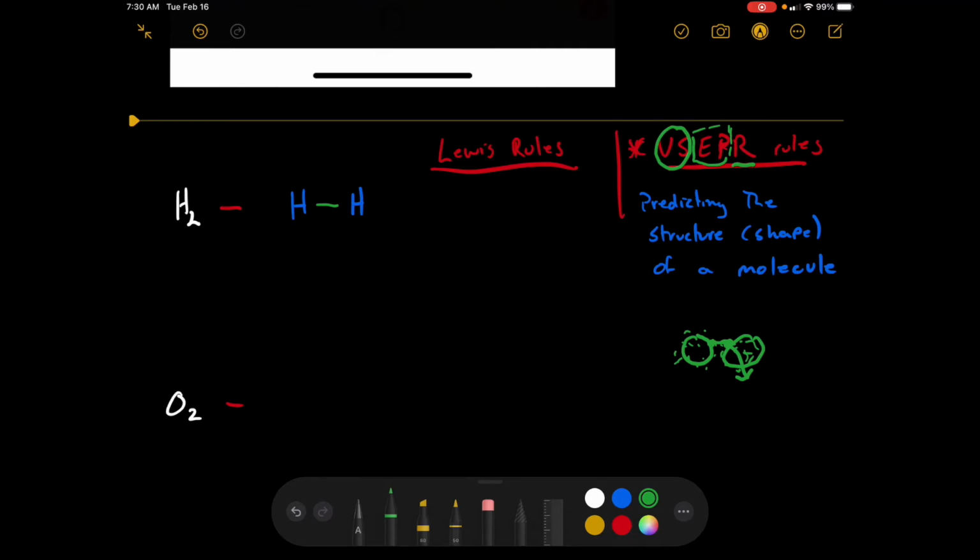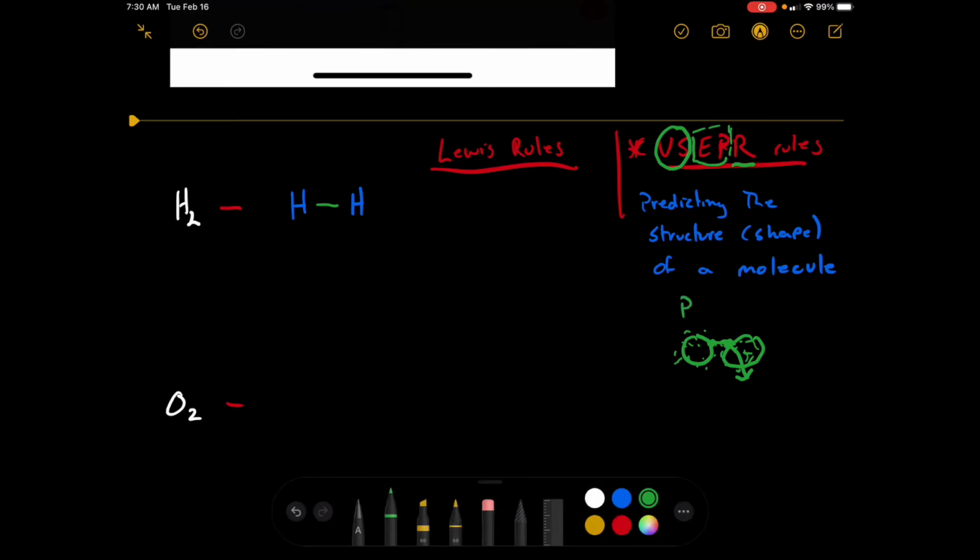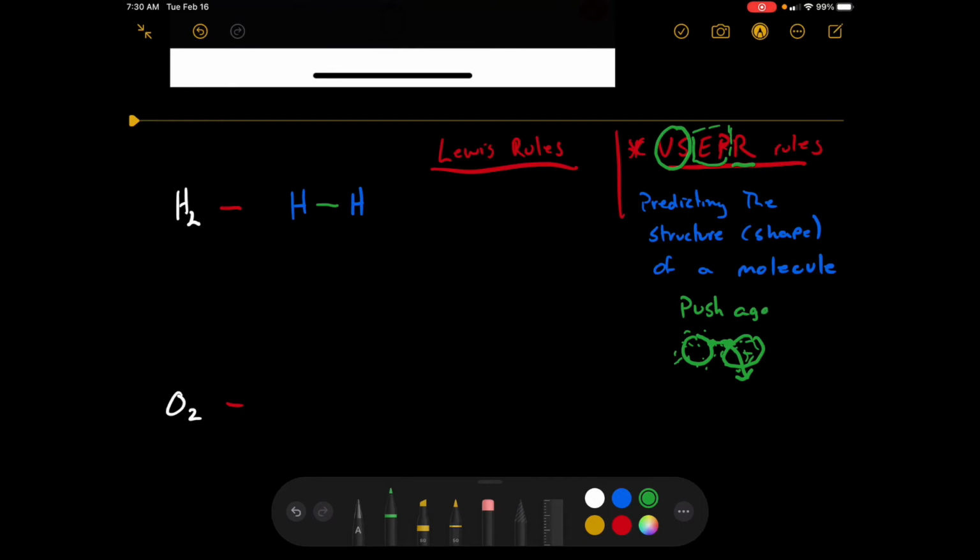So it's going to help in the shape because those electrons are going to push against each other and kind of form them into a shape. And we'll see that in just a minute. But that's basically what valence shell electron pair repulsion is doing. It's predicting the structure and shape of a molecule based on where the electrons are and how much they're going to repel each other. Okay?